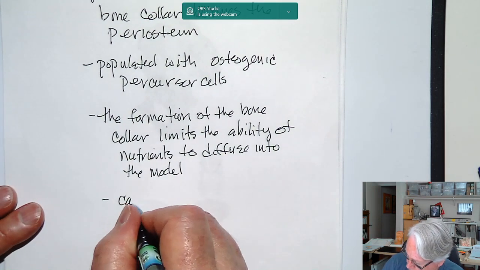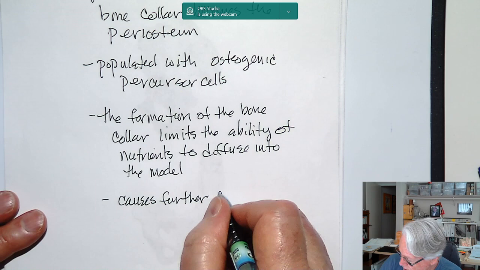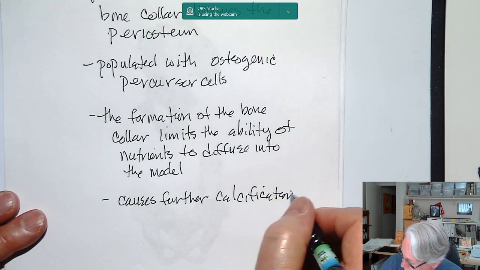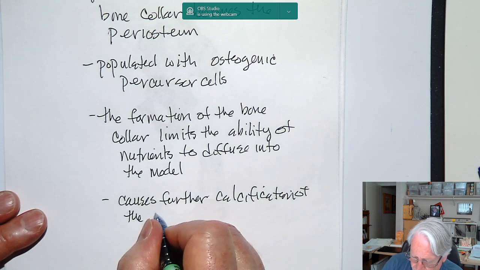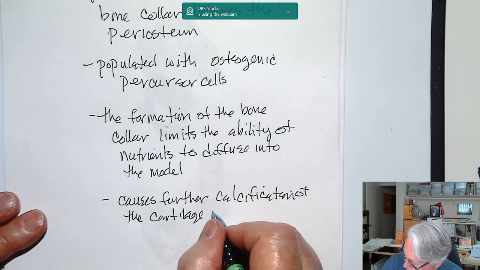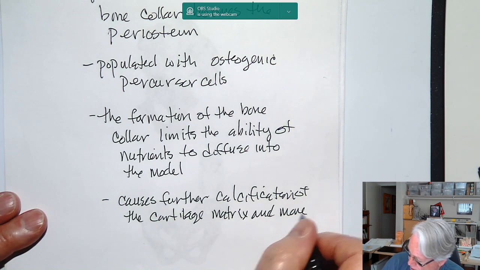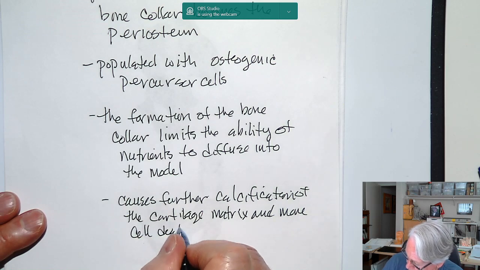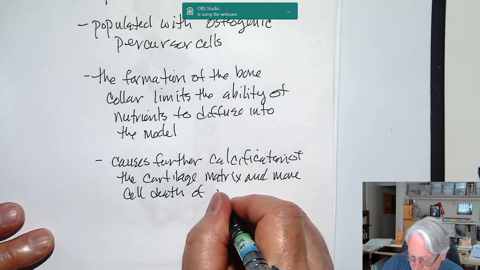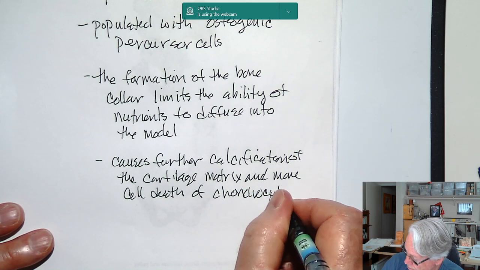This will cause further calcification of the cartilage matrix and more cell death of chondrocytes, just to make sure everybody understands what cells we're referring to. Okay.